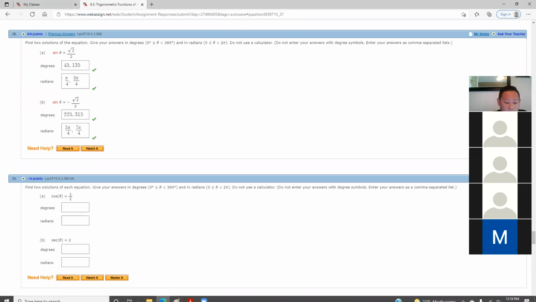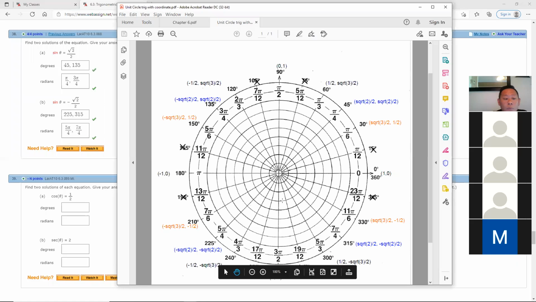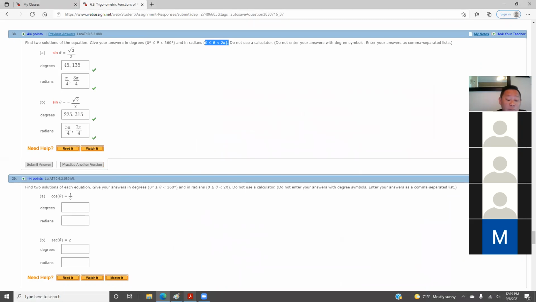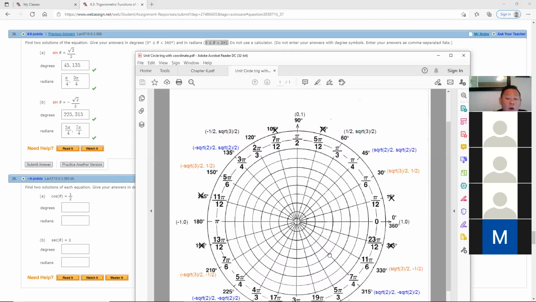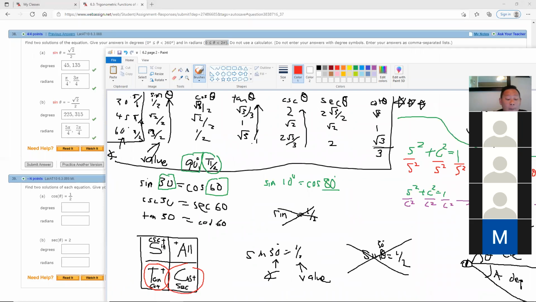Can you go back to the one where we had the third one? Why did we put the fourth quadrant? Because this question is asking us from 0 to 360, 0 to 2 pi, which means the whole revolution. In sine, there are 2 positive and 2 negative.